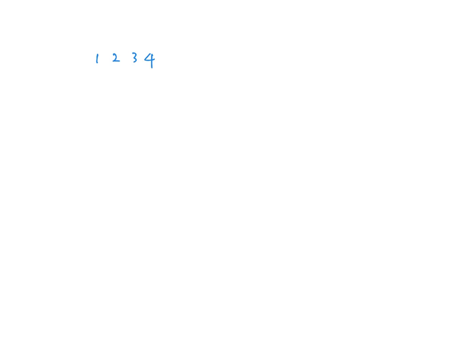An even permutation is when you change it an even number of times, by interchanging neighboring numbers.